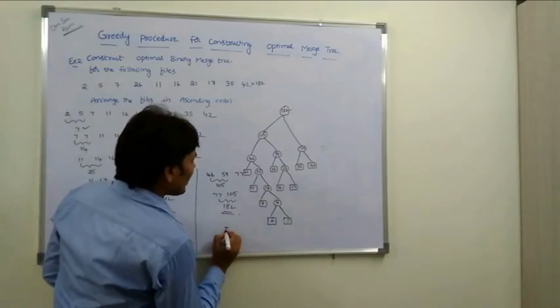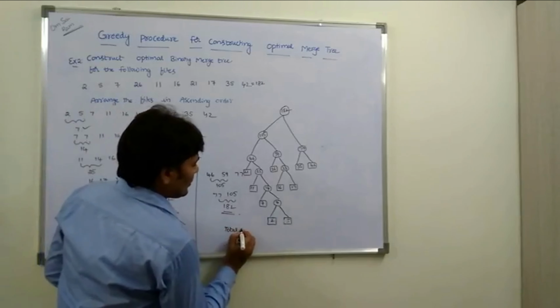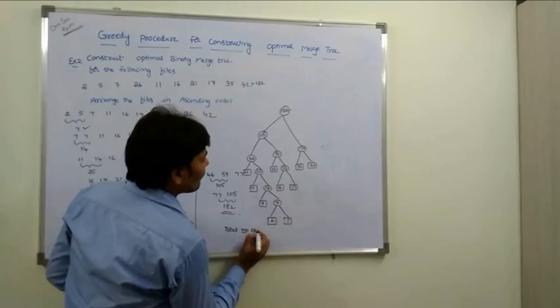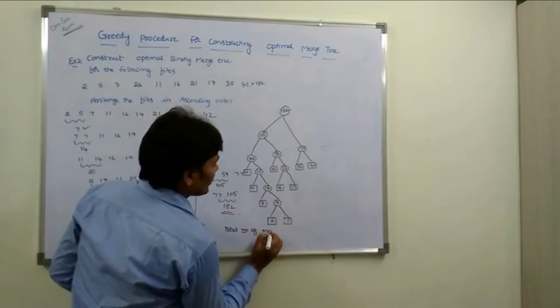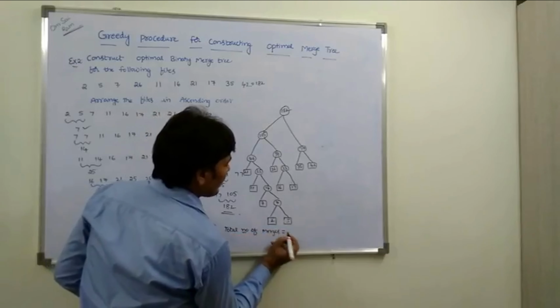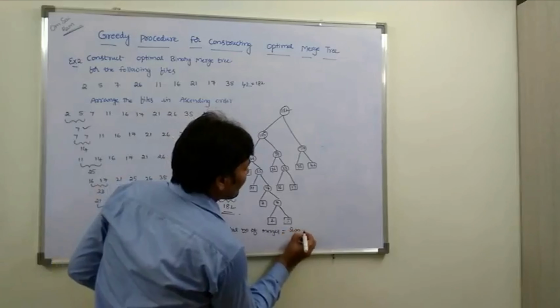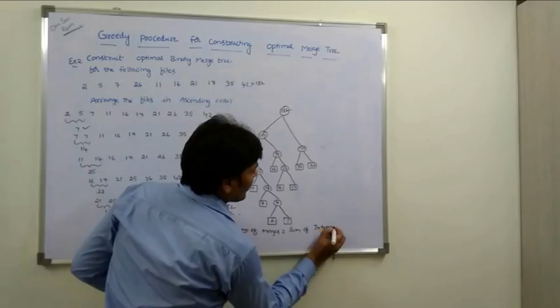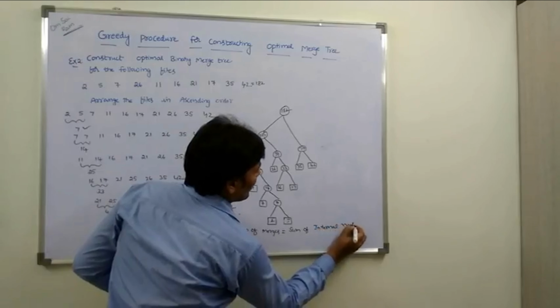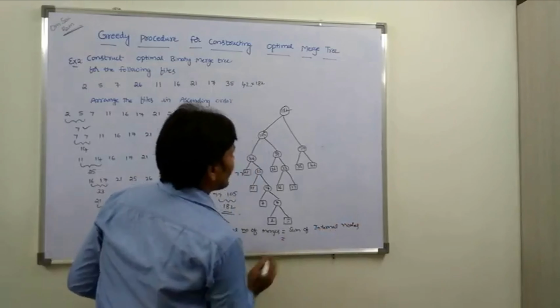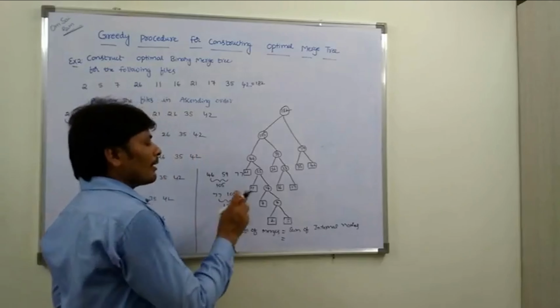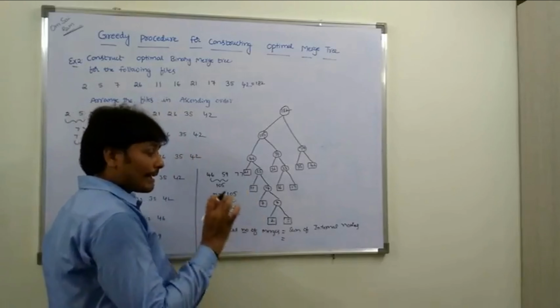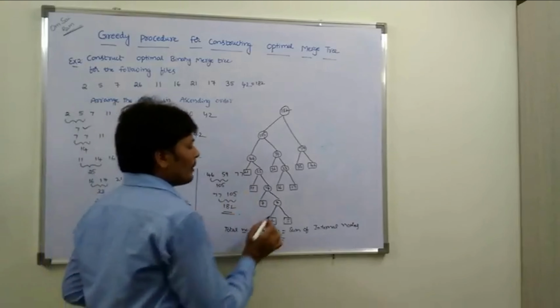Next, the total number of merges is equal to the sum of internal nodes. Total number of merges is equal to the sum of internal nodes. The sum of internal nodes is nothing but the values that are put in circles, and those values can be added.